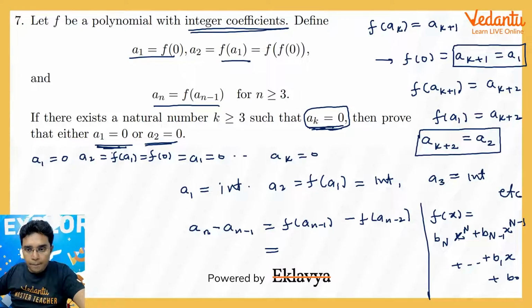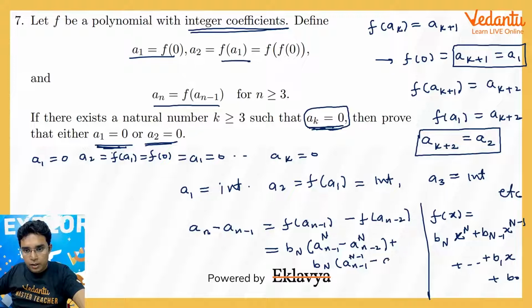So here you can see this f of a(n-1) minus f of a(n-2), I can take bN common, and here a(n-1)^N minus a(n-2)^N. Similarly, the next term would be b(N-1), and here a(n-1) once again, but power will be N-1, minus a(n-2) with power N-1. Let me correct it.